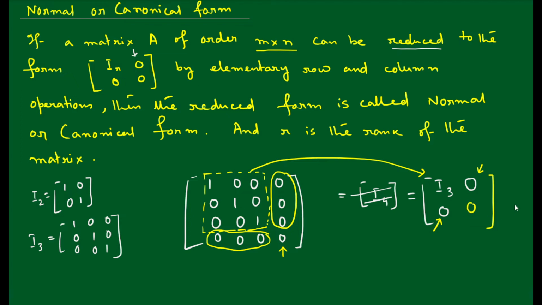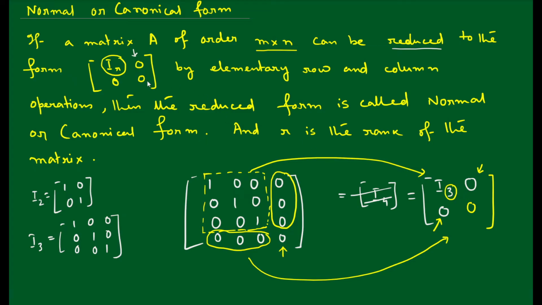So that is a null matrix of order 1 by 1. So this big matrix can now be written in a smaller size. Here you see there is one I3. This is I_r and this is I3, so this particular 3 will be the rank of the given matrix.